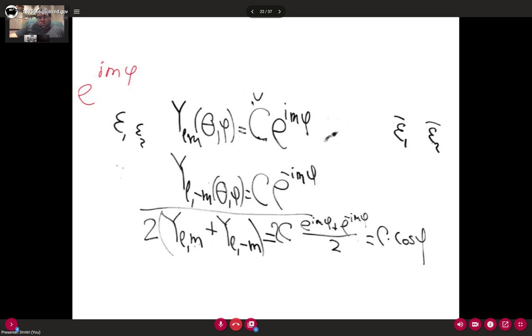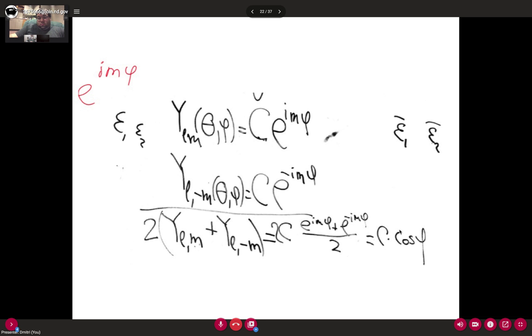But if you do a trick and add together wave functions with opposite signs of the magnetic quantum number M, then this exponential stuff on the right, exponentials with plus and minus factor, add together, and the dependence on angular motion converts into a real part.